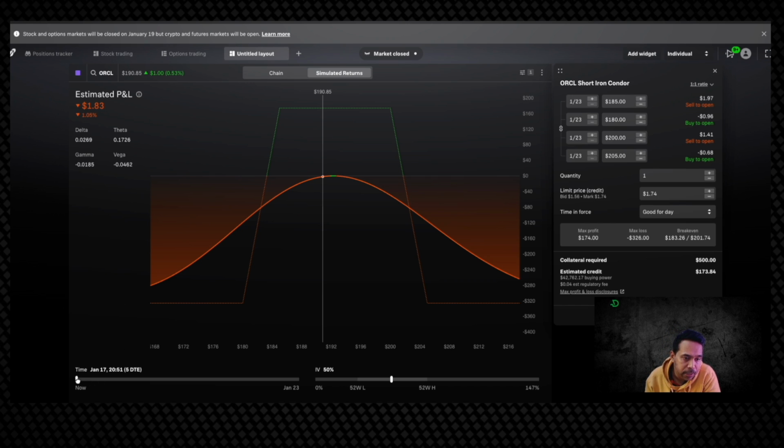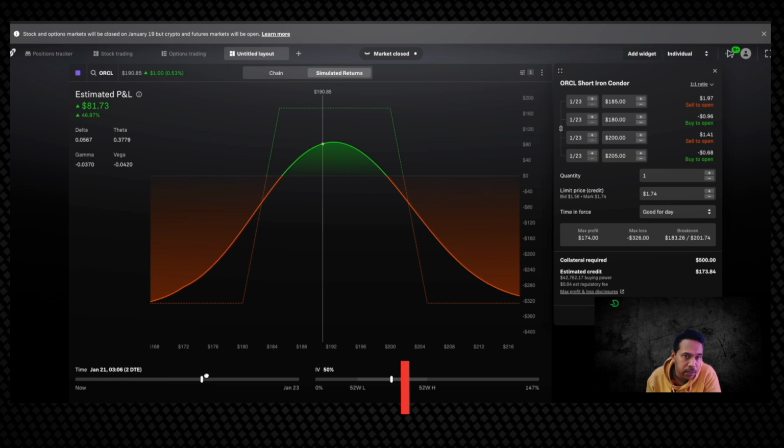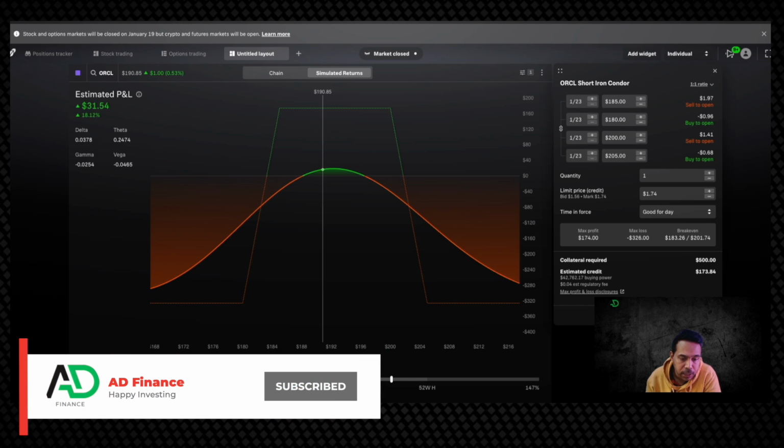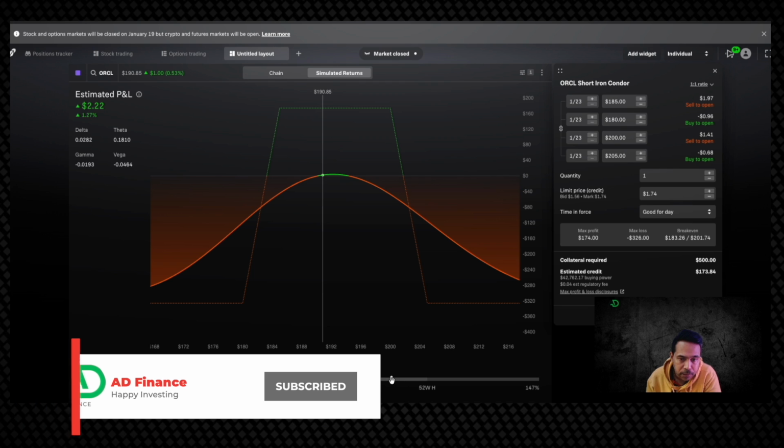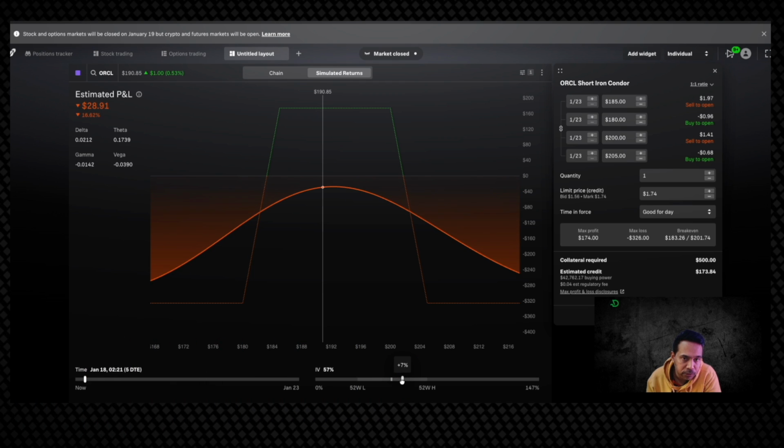And there's a little slider that you see here. As you move it, you can actually see as time goes by how your profit and loss is going to look here. Also, there is this lever, which is the IV, right? So how the IV is going to impact and how you can see all these Greeks changing, right? So you can actually see.